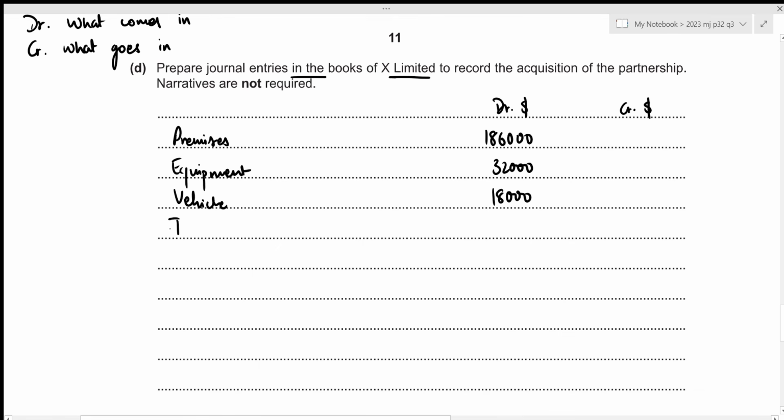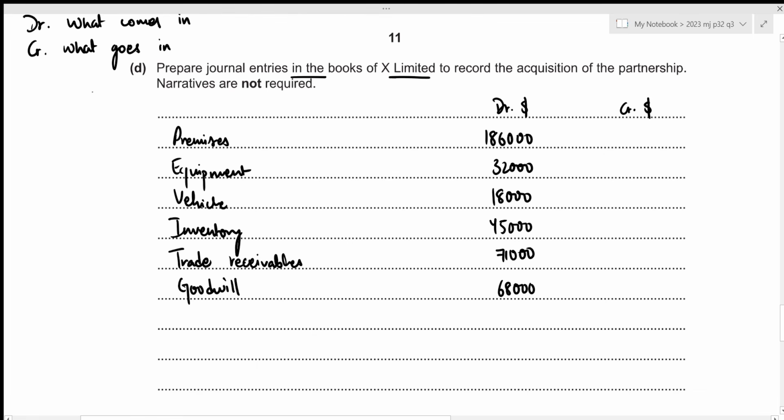We have inventory of 45,000. We were also given trade receivables, and it was 71,000. And then we also figured out the value for goodwill, and that was 68,000.